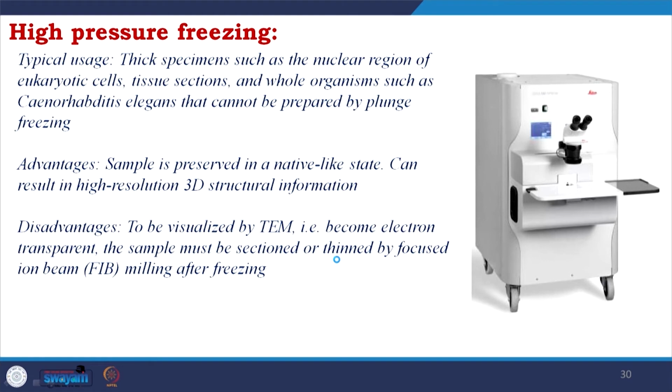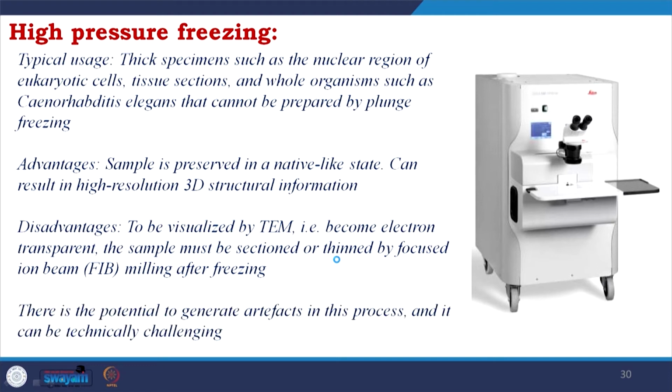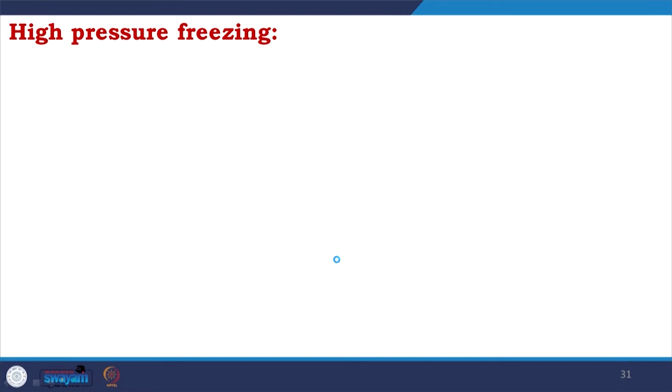Disadvantage: to be visualized by TEM, that is become electron transparent, the sample must be sectioned or thinned by focused ion beam or FIB milling after freezing. So, sectioning is required. There is the potential to generate artifacts in this process, and it can be technically challenging to make the sectioning after the freezing.